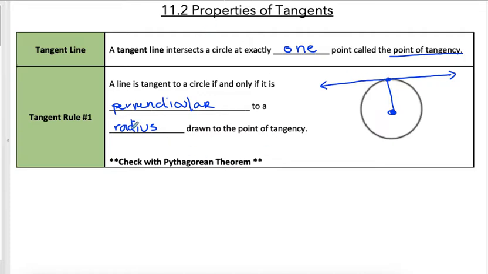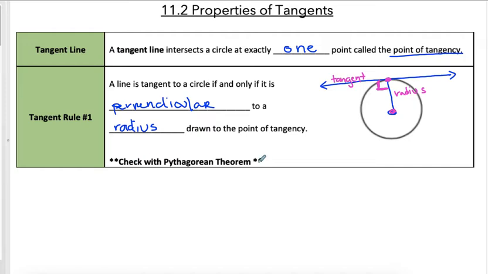The way I can tell is, if this is my point of tangency, here's my tangent, here's my radius. If they are perpendicular, so form a right angle here, they have to be a tangent.